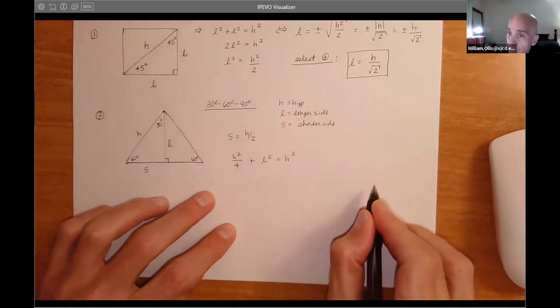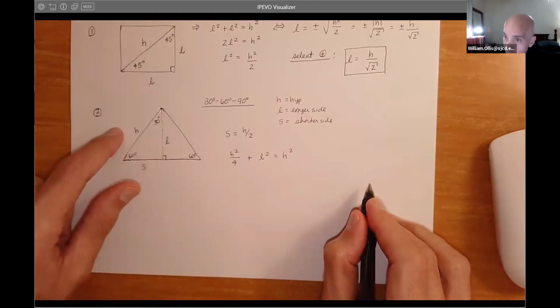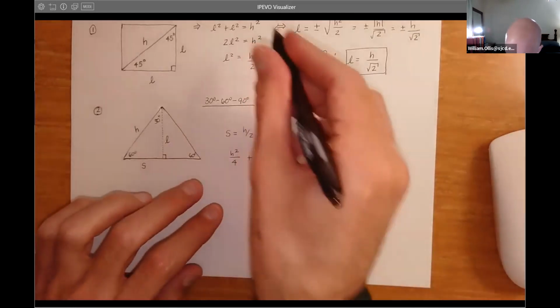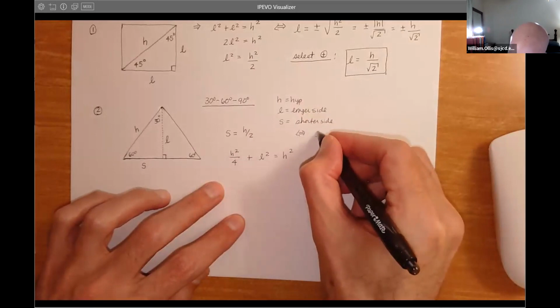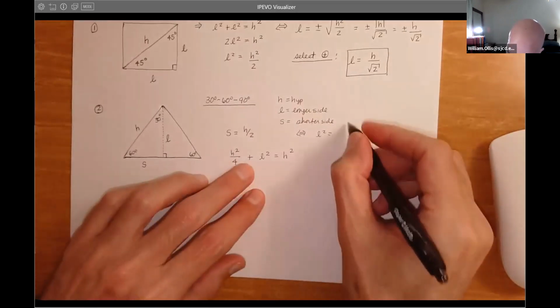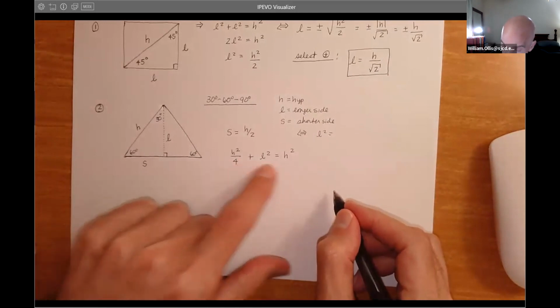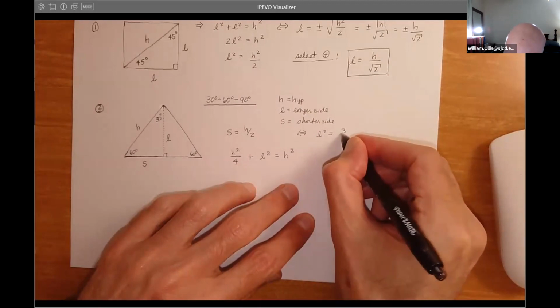Again, S squared plus L squared equals H squared. But then, of course, just like up here, equivalently, L squared will have, again, we'll take 1/4 of h squared from h squared to give us 3/4 h squared.